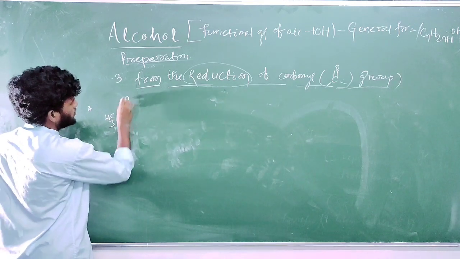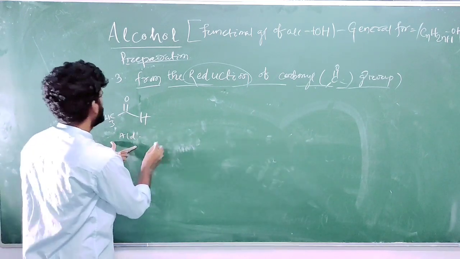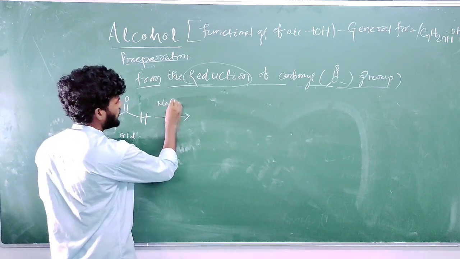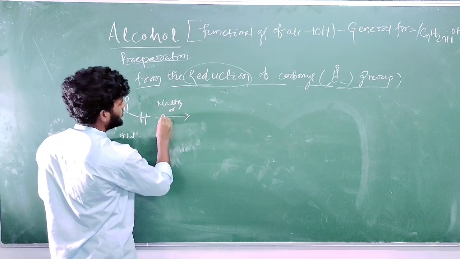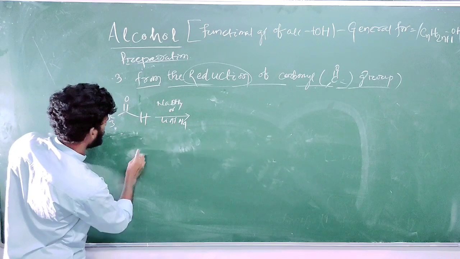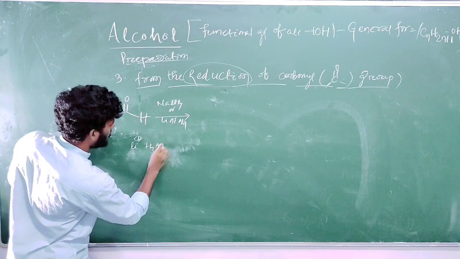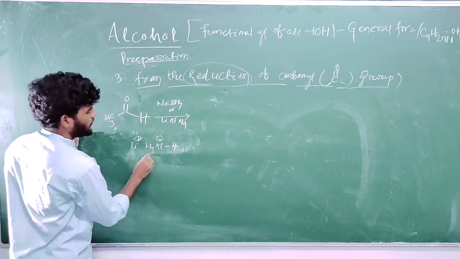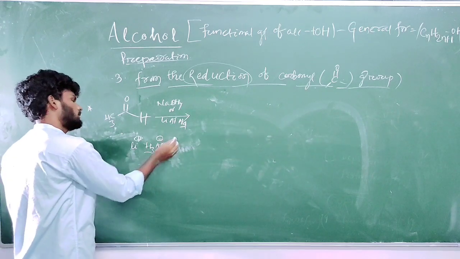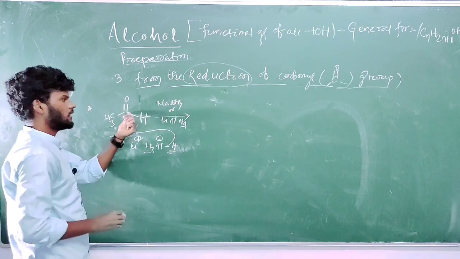Let us suppose we take one carbonyl compound, CH3CHO. This is an aldehyde. To this aldehyde you can take the reducing agent sodium borohydride, or lithium aluminum hydride. Let us take lithium aluminum hydride: lithium plus, H3Al minus attached to hydrogen, 3 hydrogens here, 1 hydrogen here, total 4 hydrogens. This H minus nucleophile attacks the electrophilic carbon center.